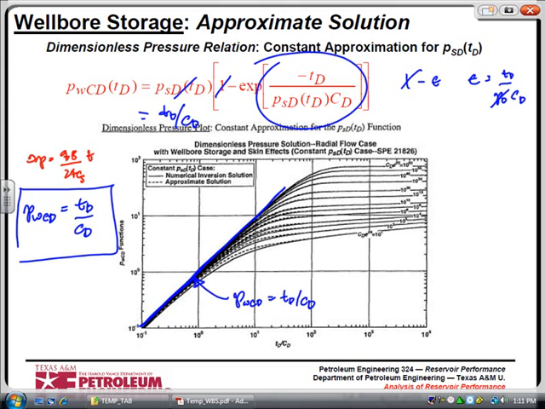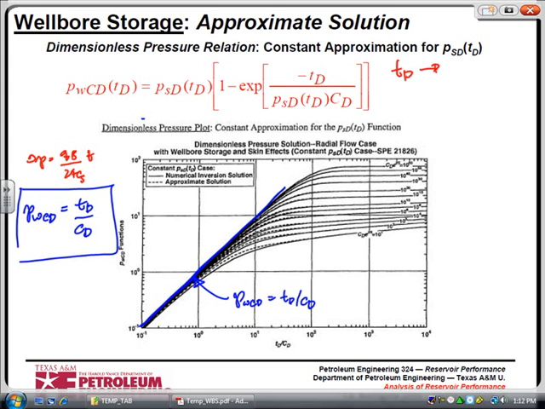Okay? Now this equation tells us something else. Wally, you were saying, when TD gets big, what's going to happen? This term goes to 0, right? And then what happens? It's equal to, so this is the reservoir.